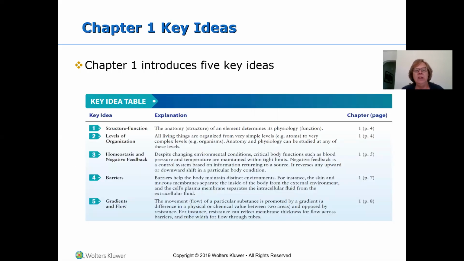Okay, so we have 5 key ideas, and if you look at each chapter under a unit heading, I have some objectives. Pay particular attention to the objectives for each chapter.